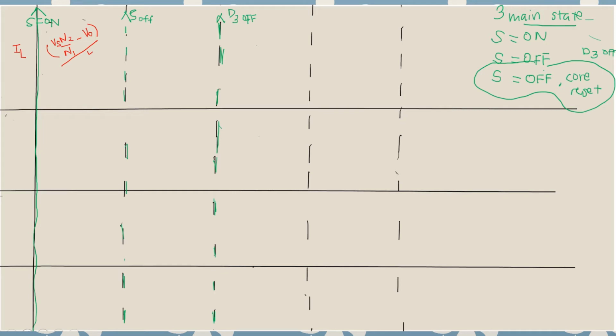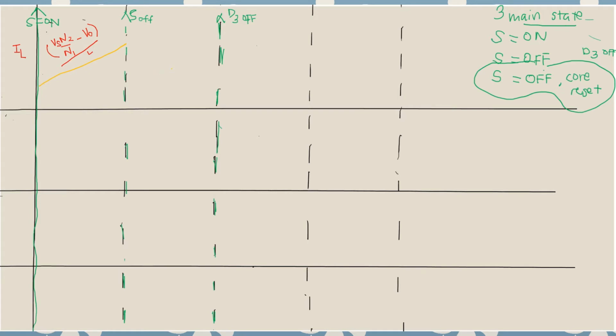Let's change the color, the gradient to this color.